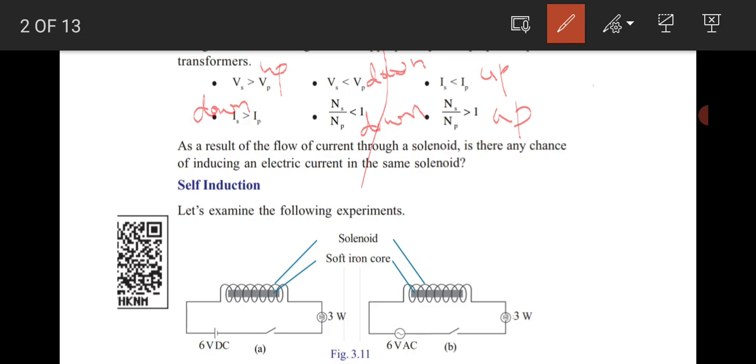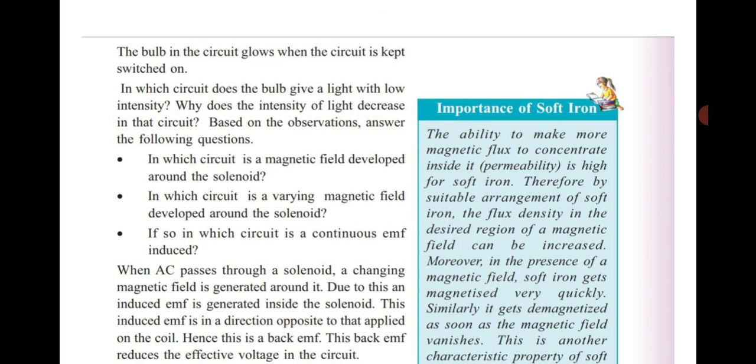In the first one it is a DC battery and in the second one it is an AC source. This is the circuit of a self induction coil. Let us discuss what self induction is on the next page.